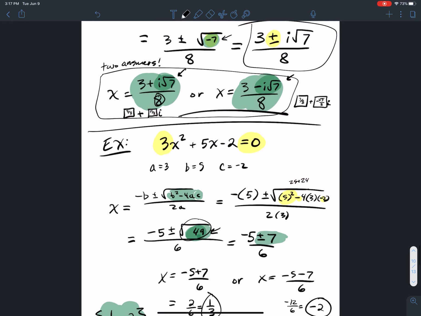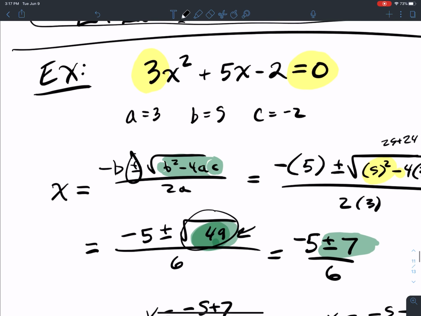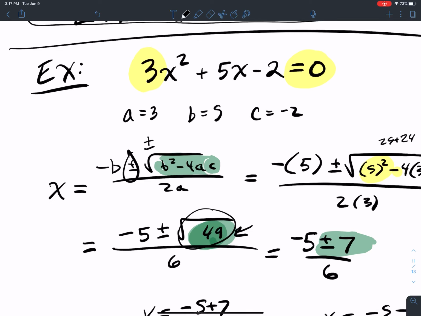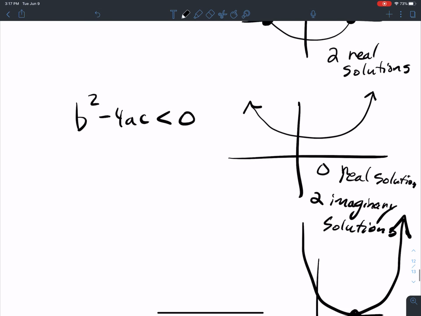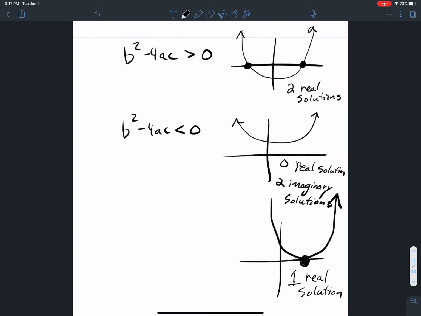That plus or minus causes us to have 2 solutions, but what if we plus or minus 0? That'd be like -5 plus or minus 0 over 6. Plus or minus 0 is not going to be anything different than -5 over 6 for both of them. So if the discriminant is not positive and not negative, but equal to exactly 0, then we have one real solution.